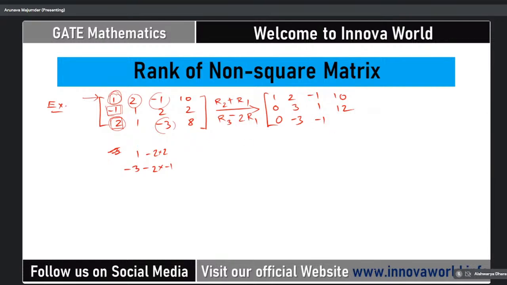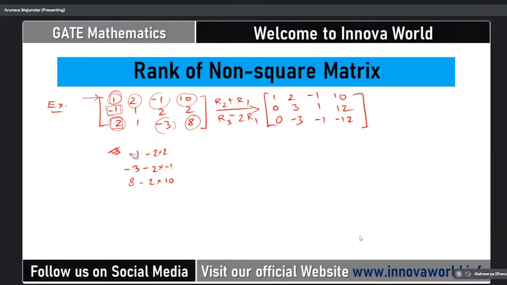The last element 8 minus 2 into 10, so 20, it will be minus 12. Okay, so this is the second matrix.